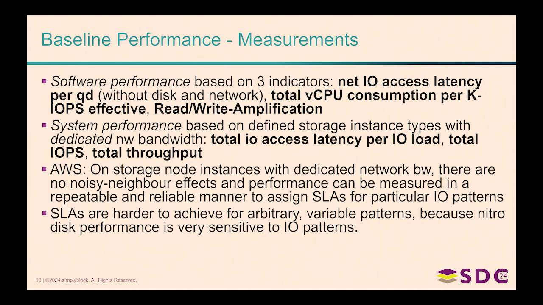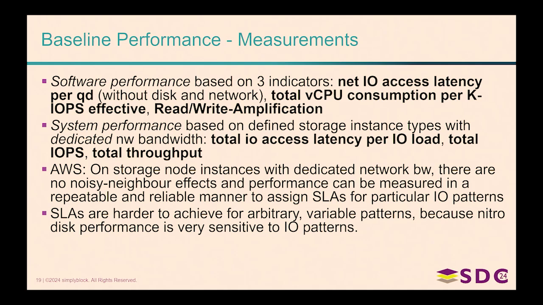So the net I/O access latency per queue depth that we see increasing by our software stack, we did measure separately. Then the total vCPU consumption per kilo IOPS effective, clearly. So how much CPU we burn to create 1 kilo IOPS, and then read-write amplification clearly is an important indicator.